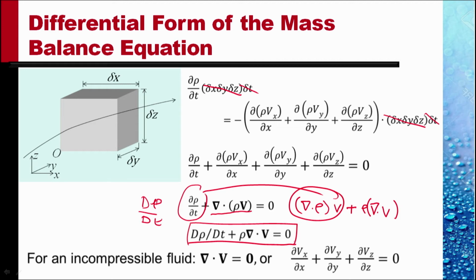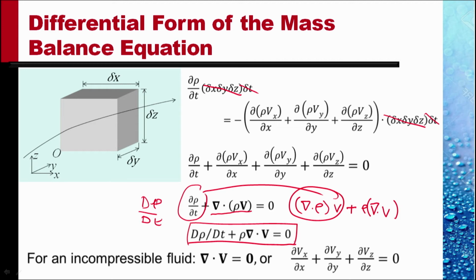Since quite a bit of fluid mechanics deals with incompressible flows, this equation is quite often used as the equation for mass balance in the differential analysis. This equation is also known as the continuity equation.